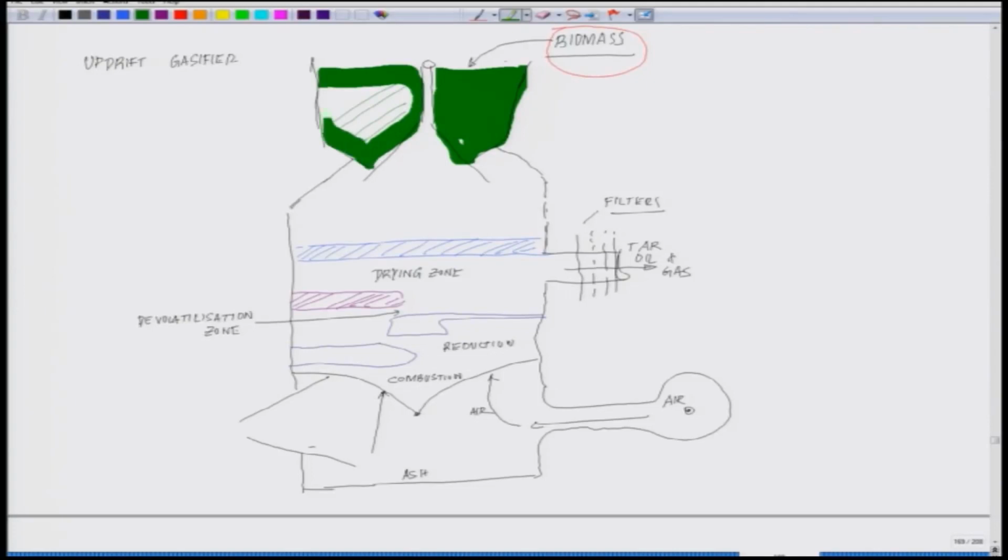Then you have the drying zone, which is present here. This is where you are drying the material, and while drying, several things are exhausted out through this port. Then you have the reduction and the combustion zone.